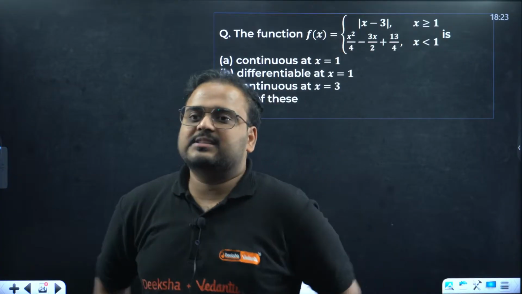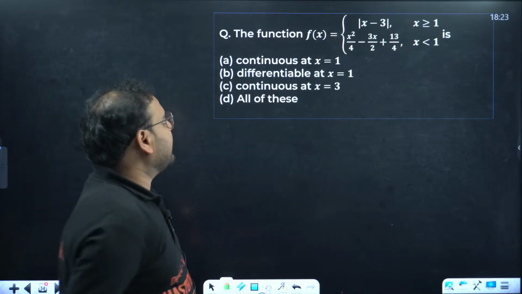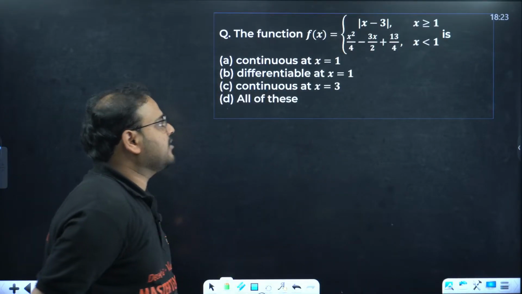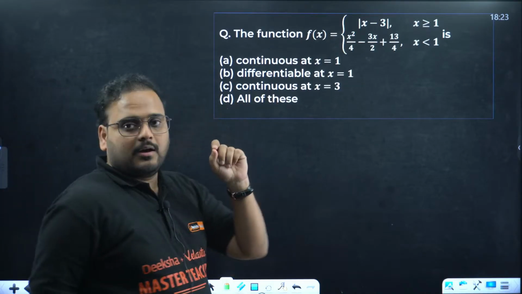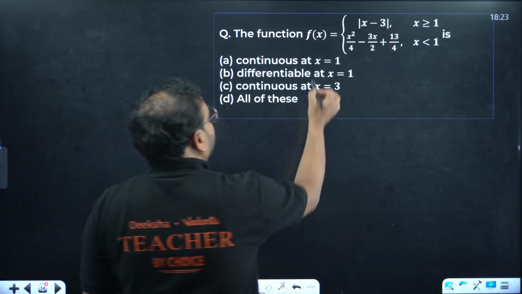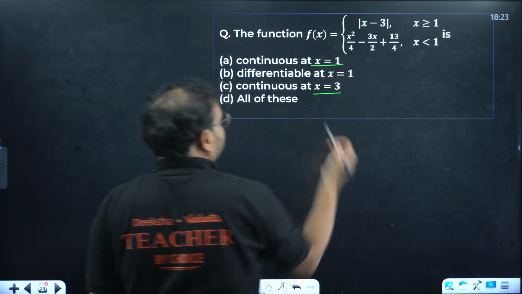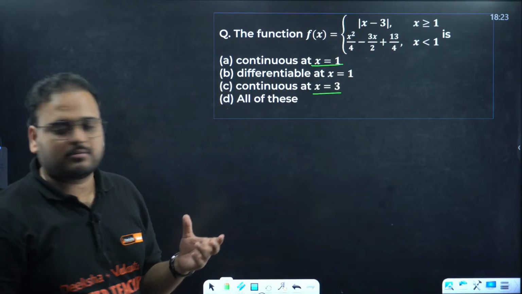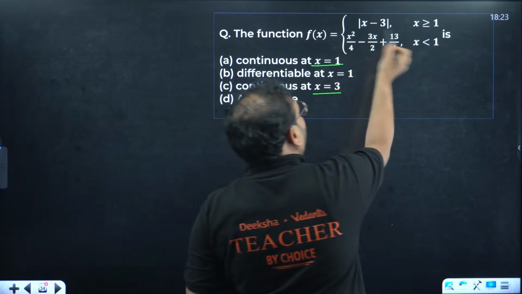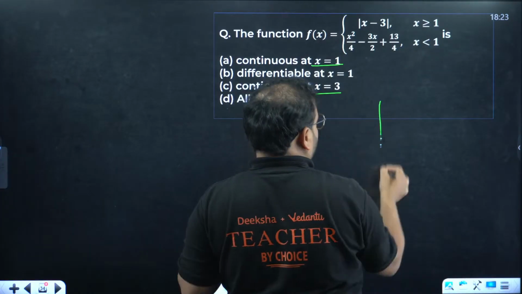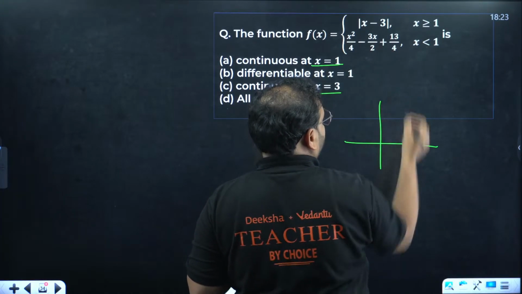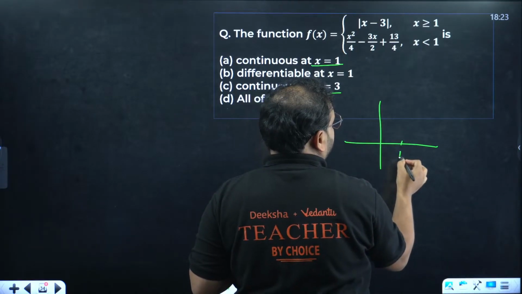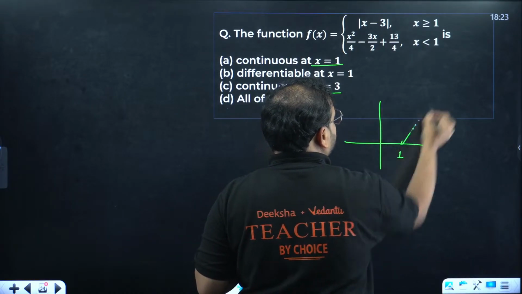Function f(x) is equal to mod of x minus 3 upon x square by 4 minus 3x by 2 plus 13 by 4. Two branches are there. But our clue is continuous at 1 and continuous at 3. We know one thing very sure. At 3, this will be what? A modulus function, right? So after 1, if this is the point 1, the graph is something like this.